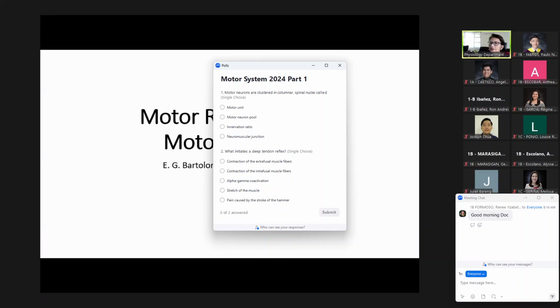For the latecomers, we have two poll questions. Just two. If you have read the reading material, you should be able to answer this.